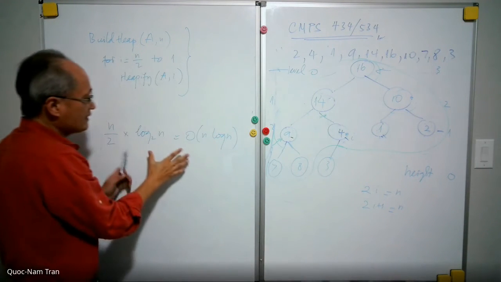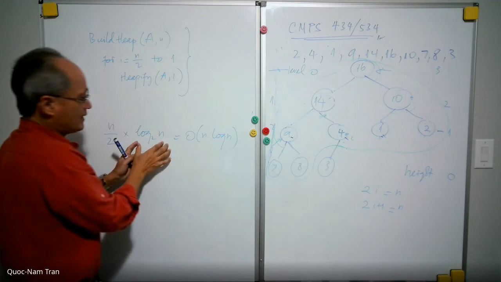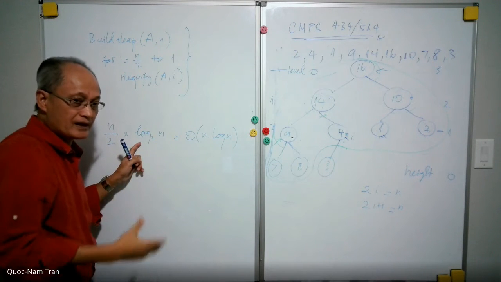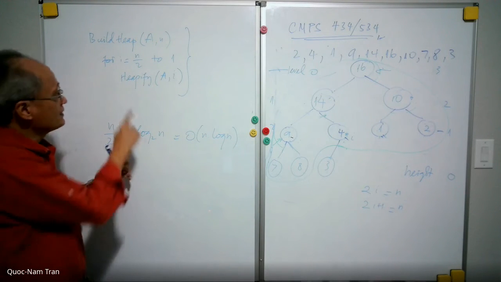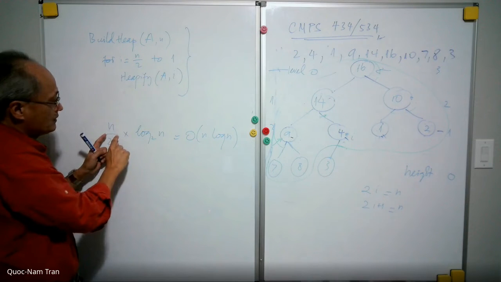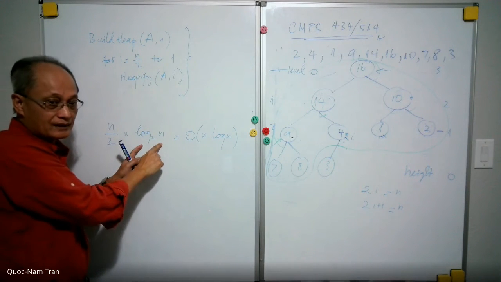But if we think that every node takes log n, it's not very accurate, right? So here you have n/2 nodes. Not all of them take log n.